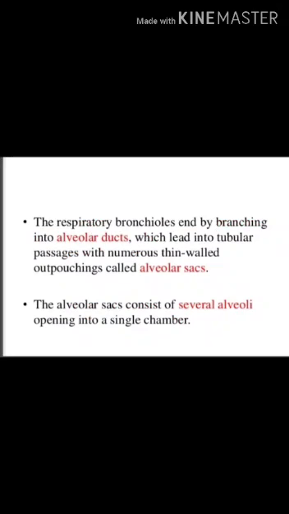The respiratory bronchioles end by branching into alveolar ducts, which lead into tubular passages with thin-walled outpouchings called alveolar sacs. The alveolar sacs consist of several alveoli opening into a single chamber. Each alveolus is surrounded by a rich network of blood capillaries.